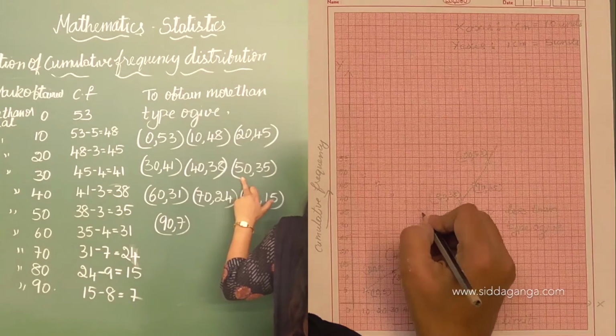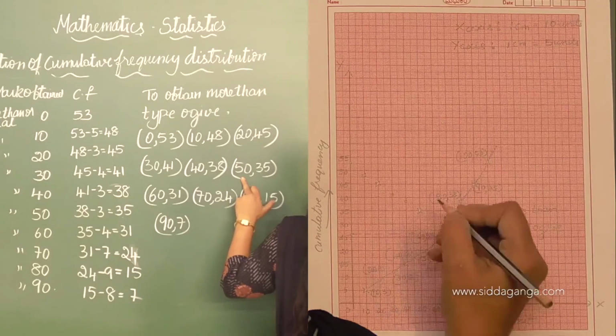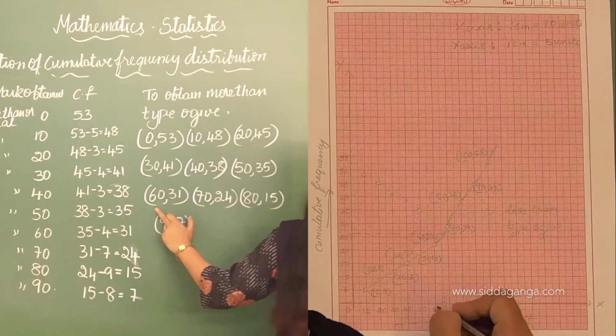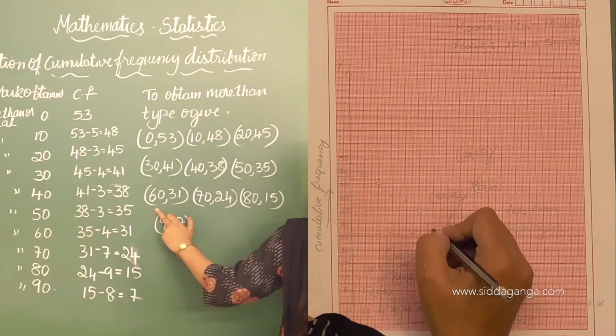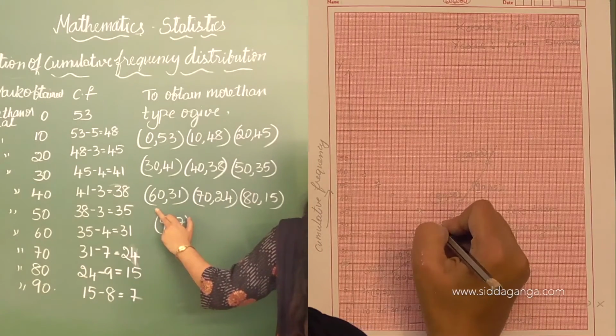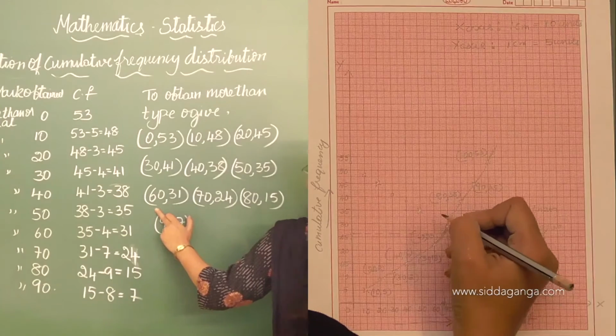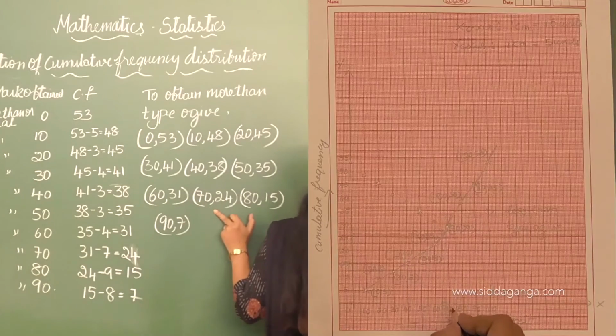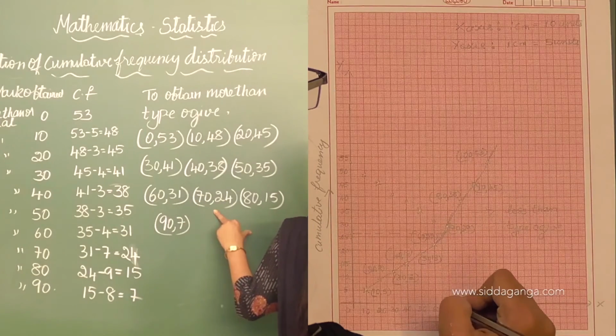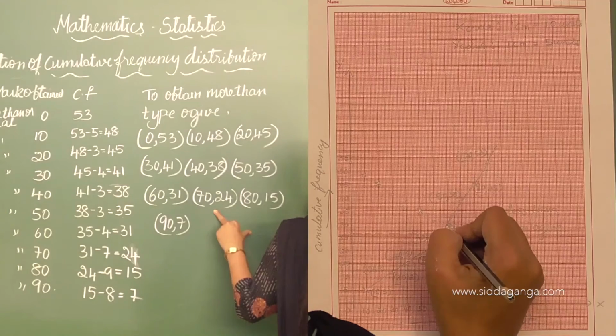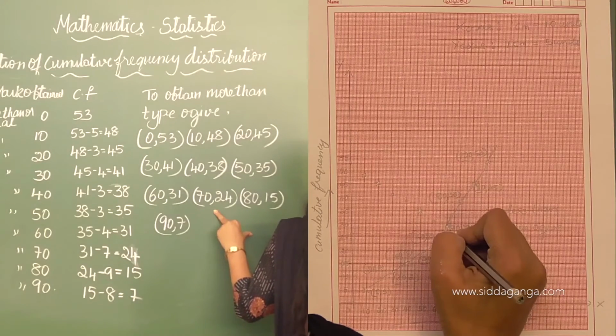Next 60, 31. This is 30, and 2 divisions after 30 is 31. Next 70, 24.